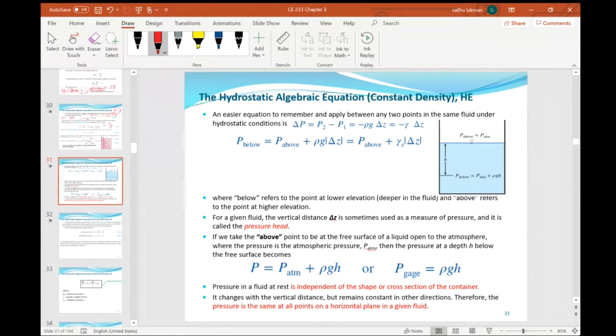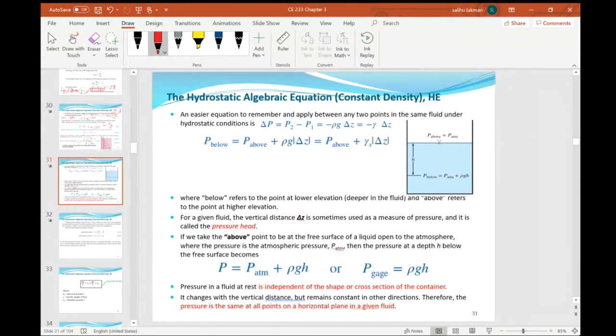Now, still on the hydrostatic algebraic equation, an easier equation to remember and apply between any 2 points in the same fluid under hydrostatic condition is delta P, that's the change in pressure, equal to P2 minus P1, which is equal to minus rho g delta Z. Rho g is gamma.